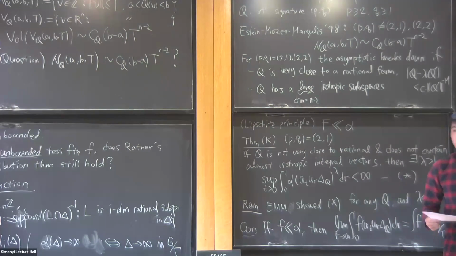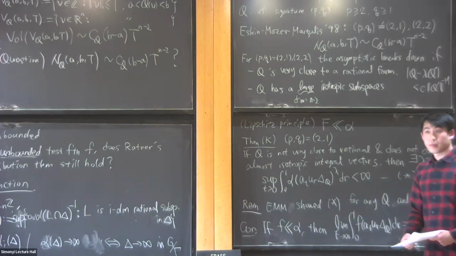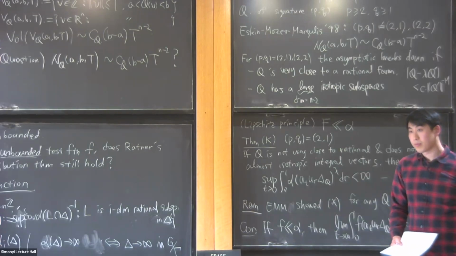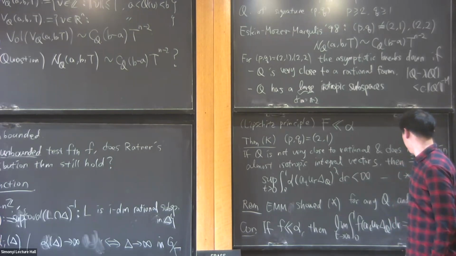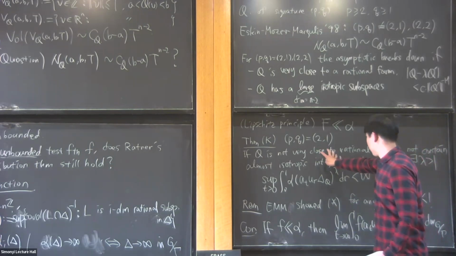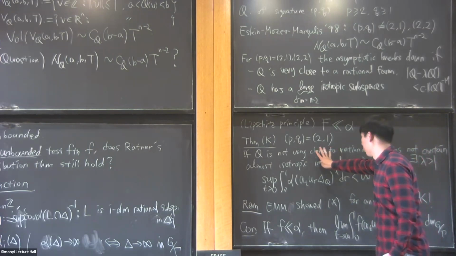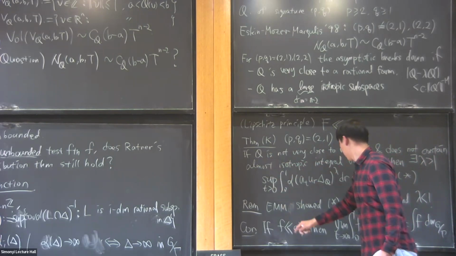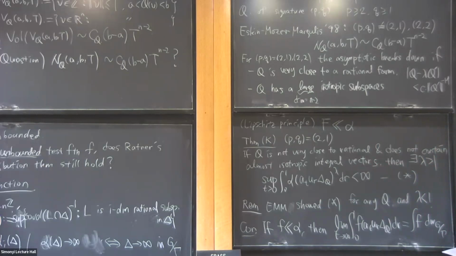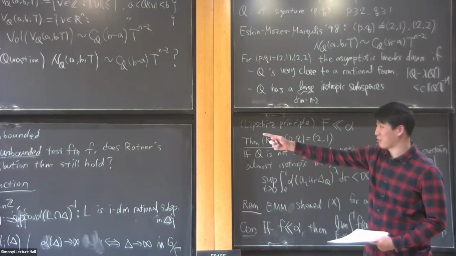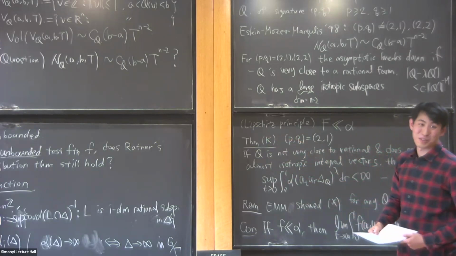Are there any questions so far? So what does it mean exactly? The statement like, not very close to rational and does not contain almost isotropy. Yeah, the same assumption here. Almost isotropic we haven't defined, right?